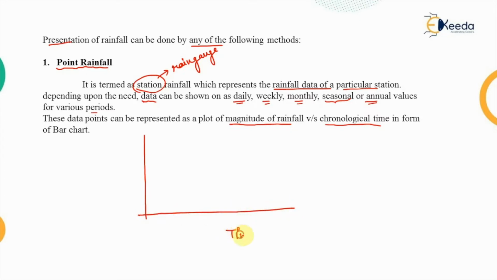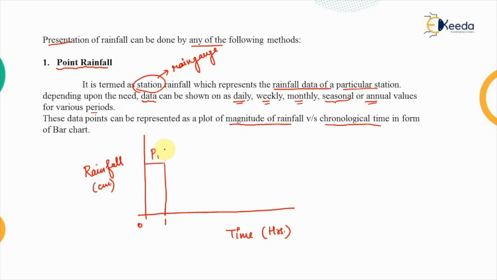On the x-axis we represent the time in hours, and on the y-axis we represent the rainfall in centimeters. So for 0 to the first hour, let's say the rainfall that has occurred is of P1 magnitude. So this bar will represent P1.